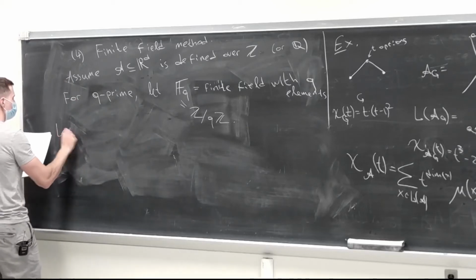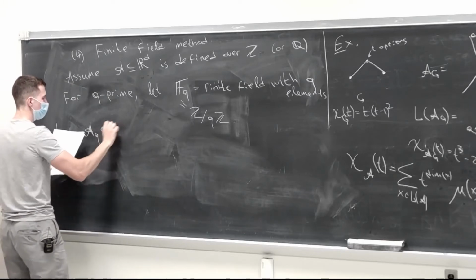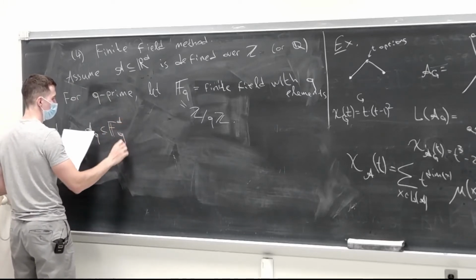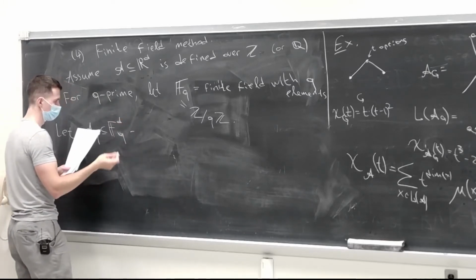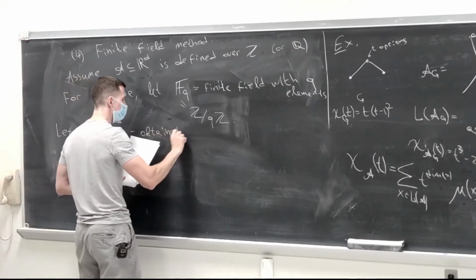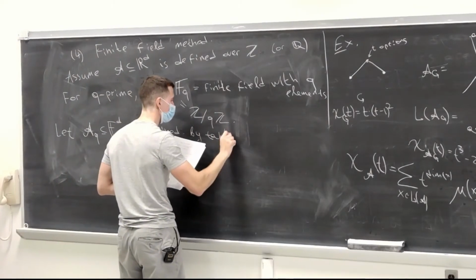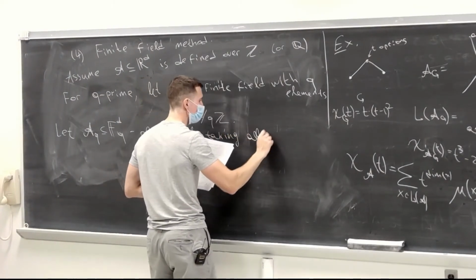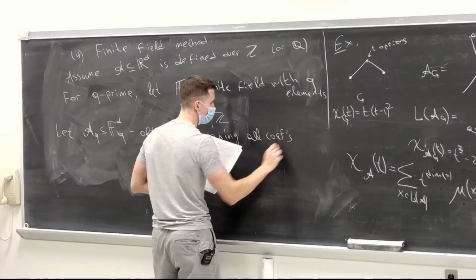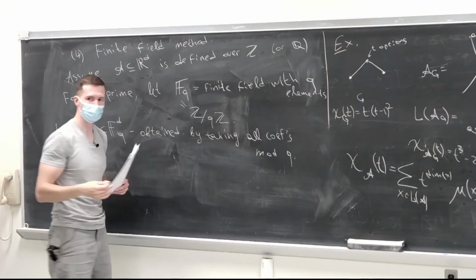Let A_Q inside F_Q^d be the arrangement obtained by taking all coefficients modulo Q of all equations of the hyperplanes.